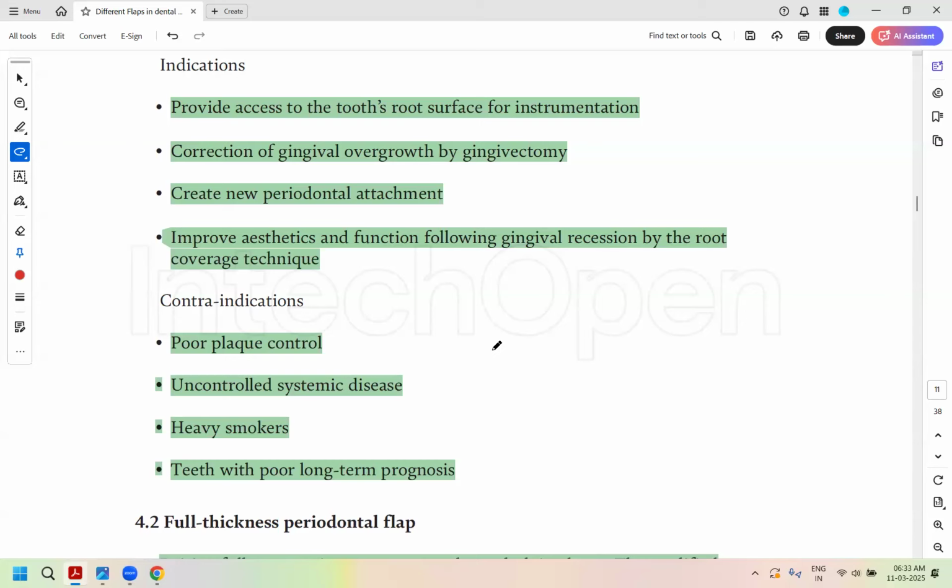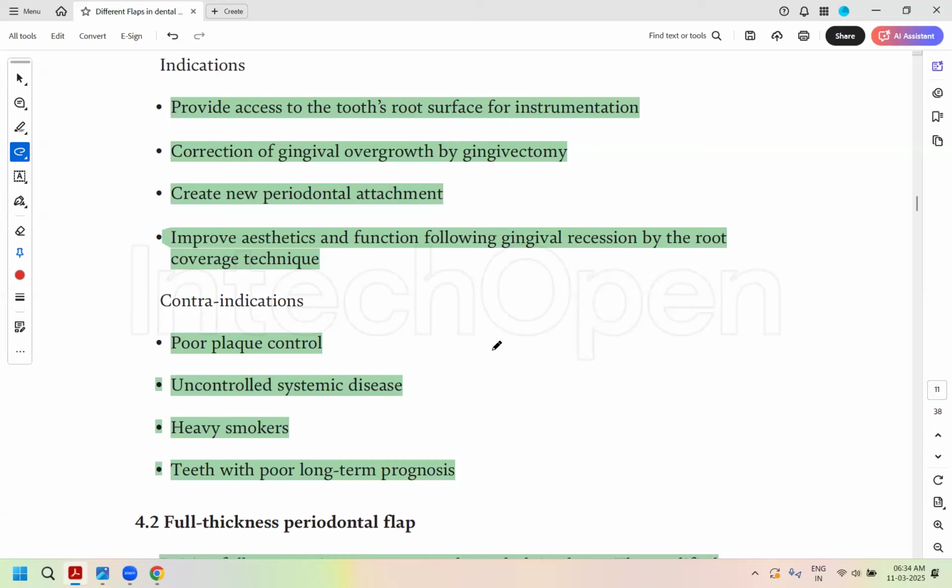So you will choose that in the options. Root planing. Will that be the correct answer? In root planing and debridement, you would require it for subgingival removal, right? And the root planing technique, guided tissue regeneration. And when you have recession, in localized areas or generalized areas, for that also you would do the flap surgeries.